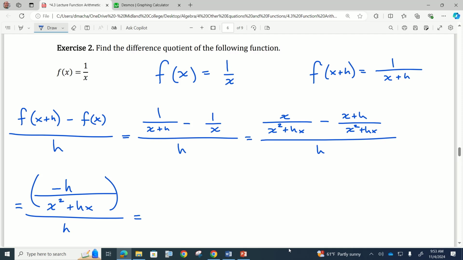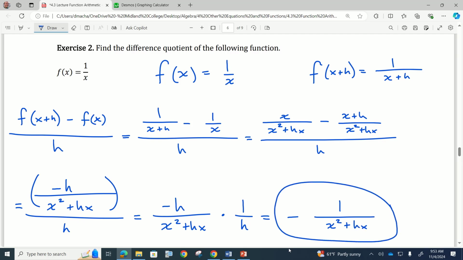Now, remember, dividing is the same thing as multiplying by the reciprocal. So if I want to take this fraction and divide by h, I could just multiply by the reciprocal of h. And then this simplifies to this.